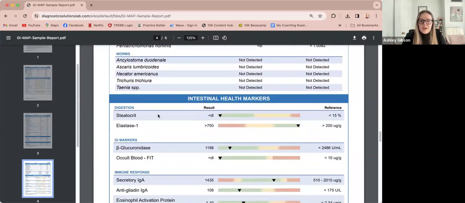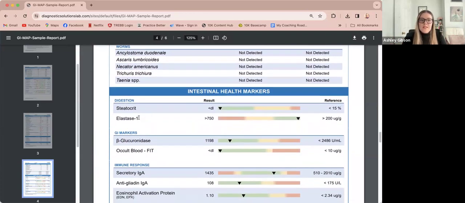Okay, here we look at some other markers for digestion. I see this one here is green, but I do see this often. A lot of my clients who suffer from gas, bloating, foul smelling stools, feeling really tired after eating, or constipation, I often will see this elastase elevated.